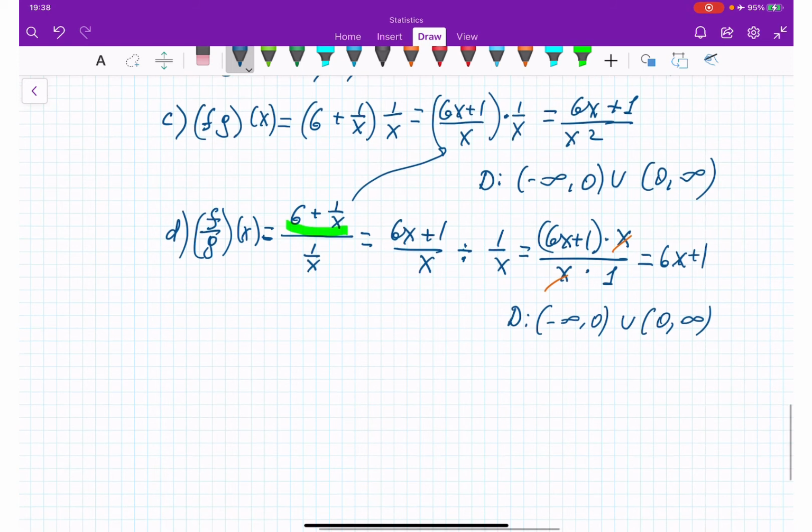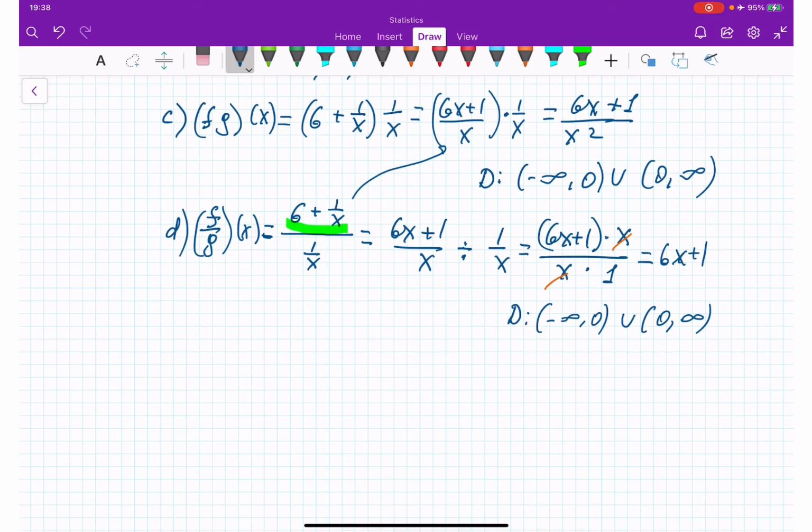All right. Now we are going to do composition. So question number 11. We have f of x that is equal 3x, and we have g of x that is equal x plus 5. Find the following functions.